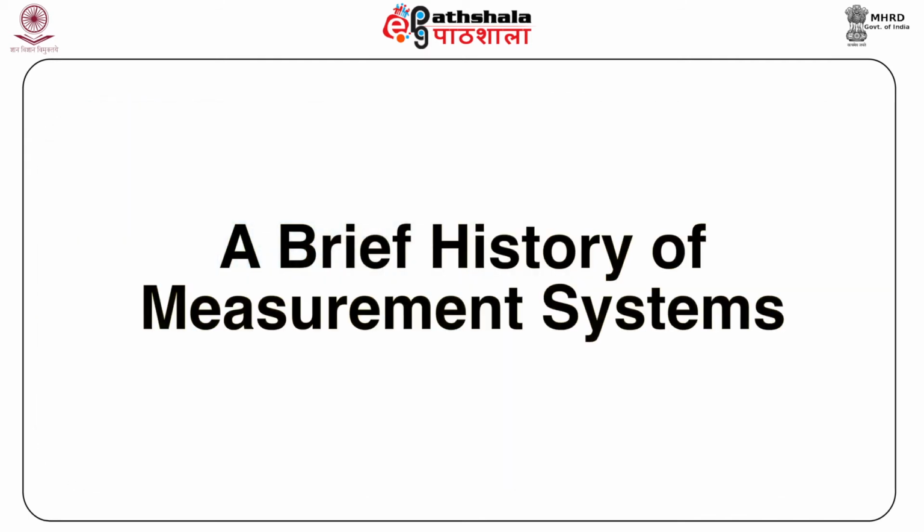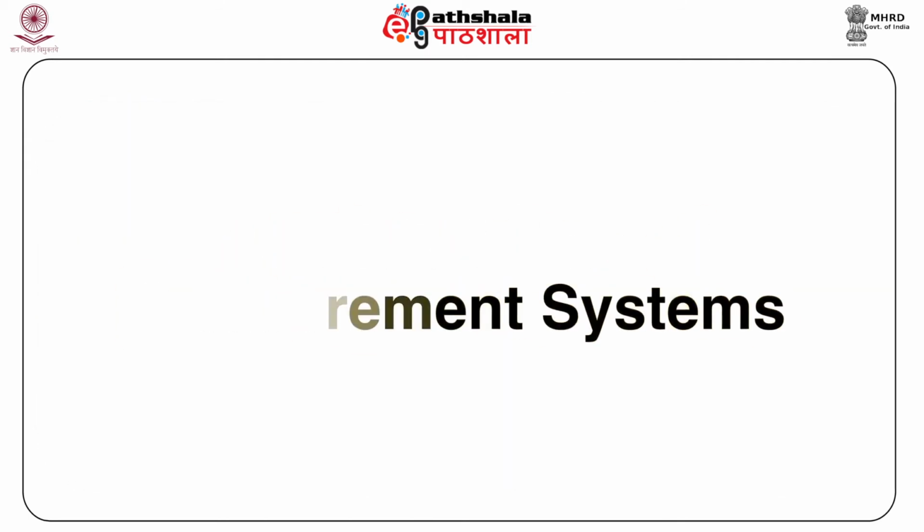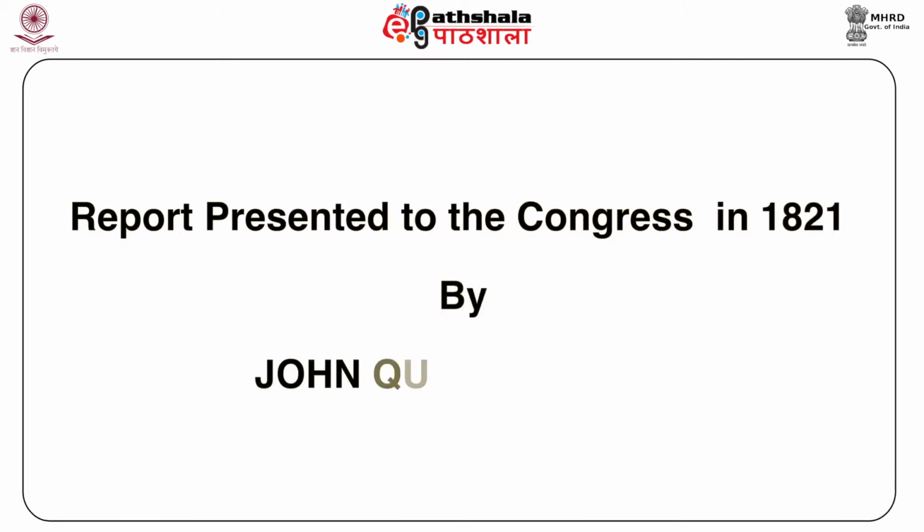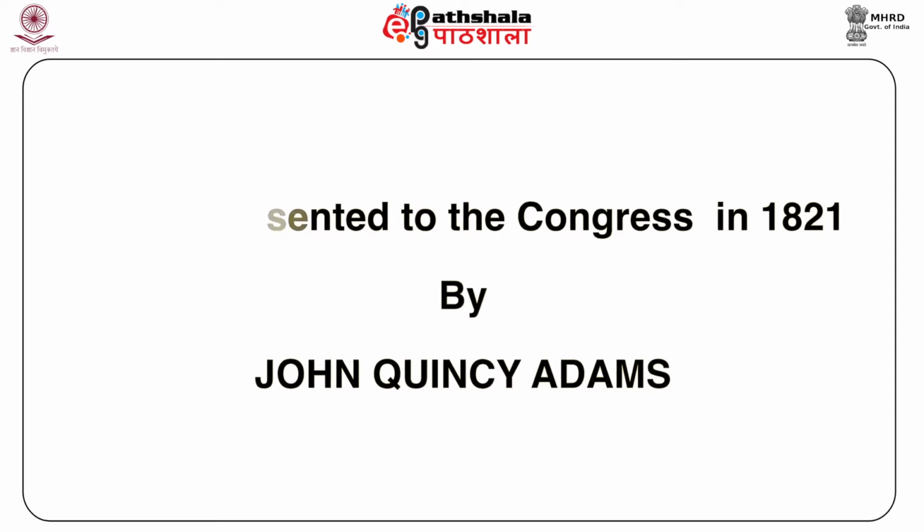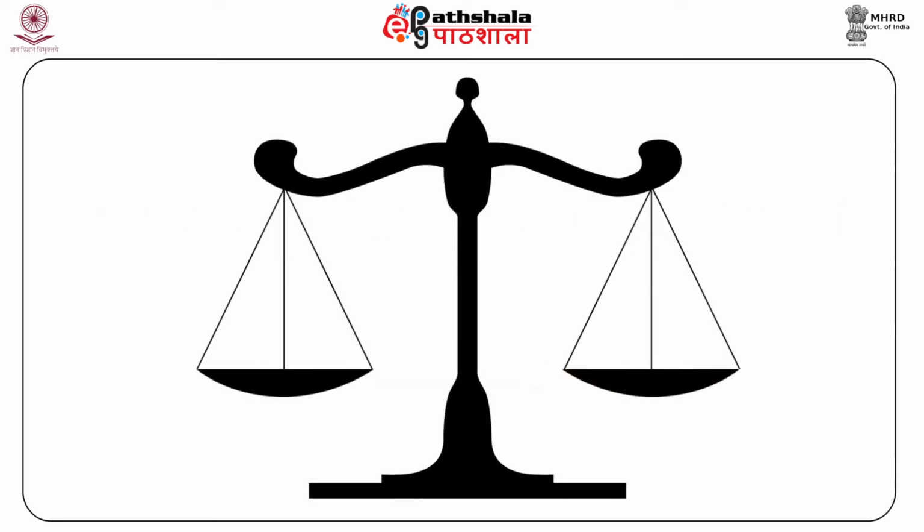Now let us learn about a brief history of the measurement system, from a report presented to the Congress in 1821 by John Quincy Adams. Weights and measures may be ranked among the necessaries of life to every individual of human society. They enter into the economical arrangements and daily concerns of every family.